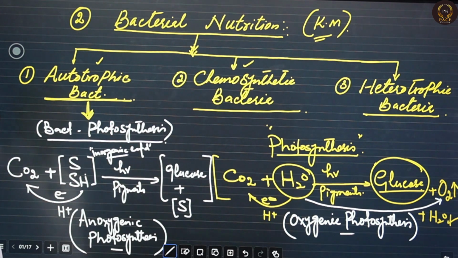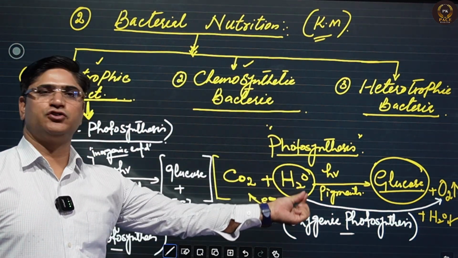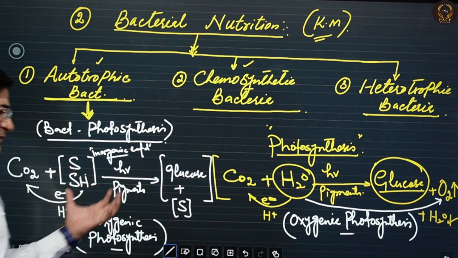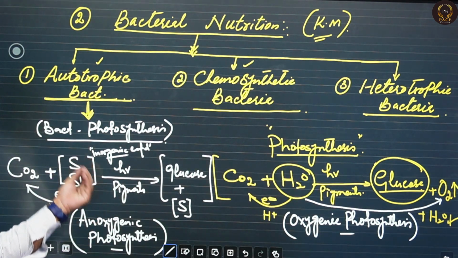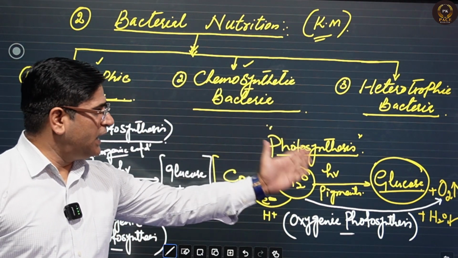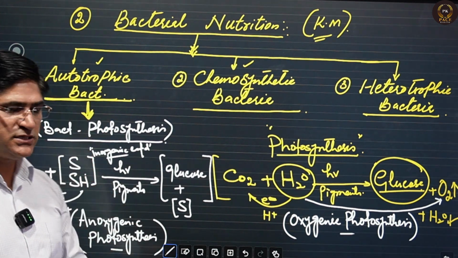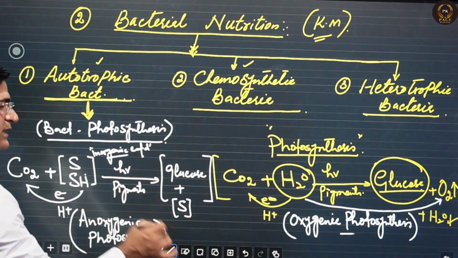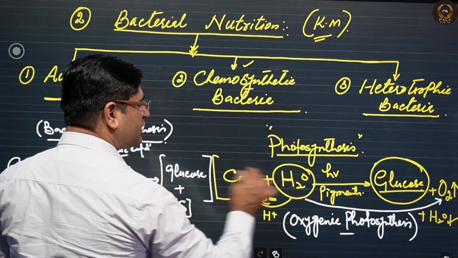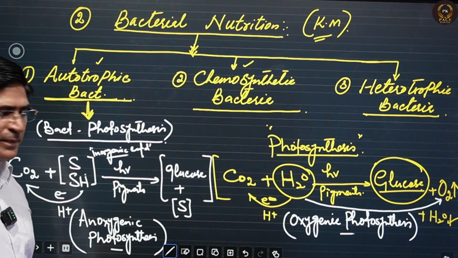Remember this point. The chemical reaction in the plants should be shown like this, and the chemical reaction in the bacteria should be like this. With that, you understand the difference between plant photosynthesis and bacterial photosynthesis. There is a difference in the electron and proton source utilized in plants and in bacteria.